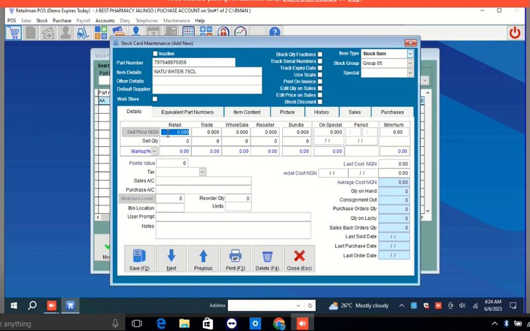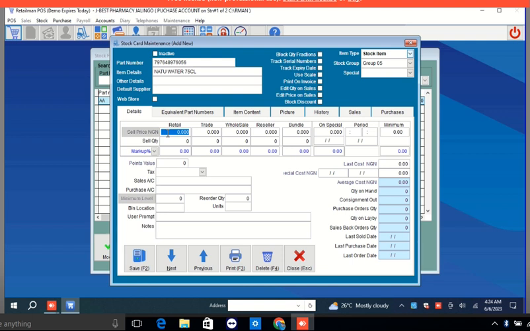So now, how much do you sell this water? It's changeable. You can change the price anytime from this page. How much do you sell one? 200.